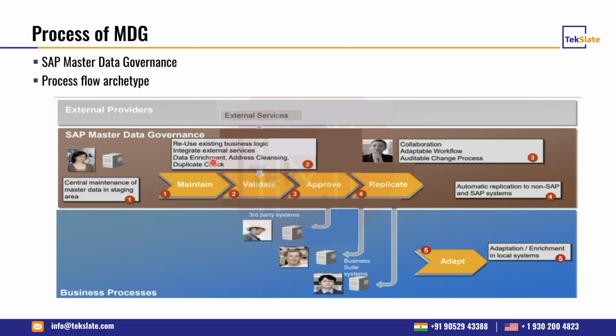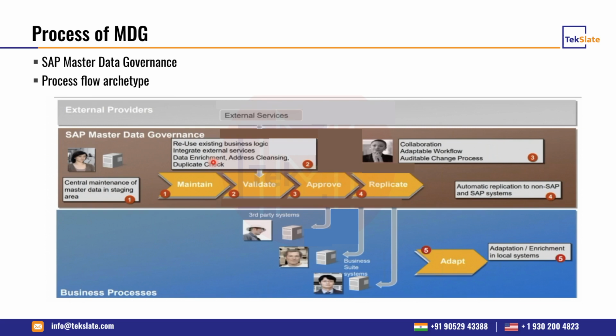Process of MDG. For example, take a requester. A requester submits the CR and then the data is validated, and once this person submits the CR, it will go to the next level of approval. It will validate the data properly, raising error messages or warning messages, then it will go to the next approval level. Once the approver approves, it will replicate the data to the target system.